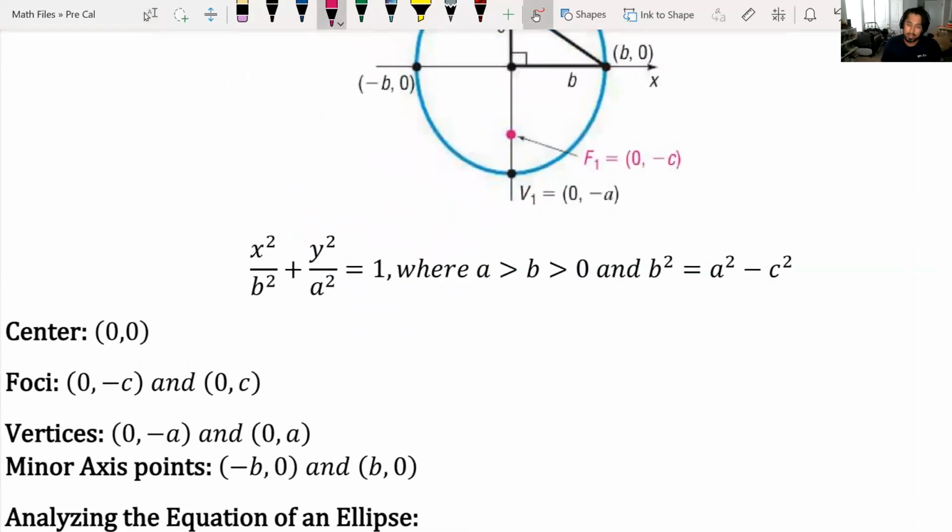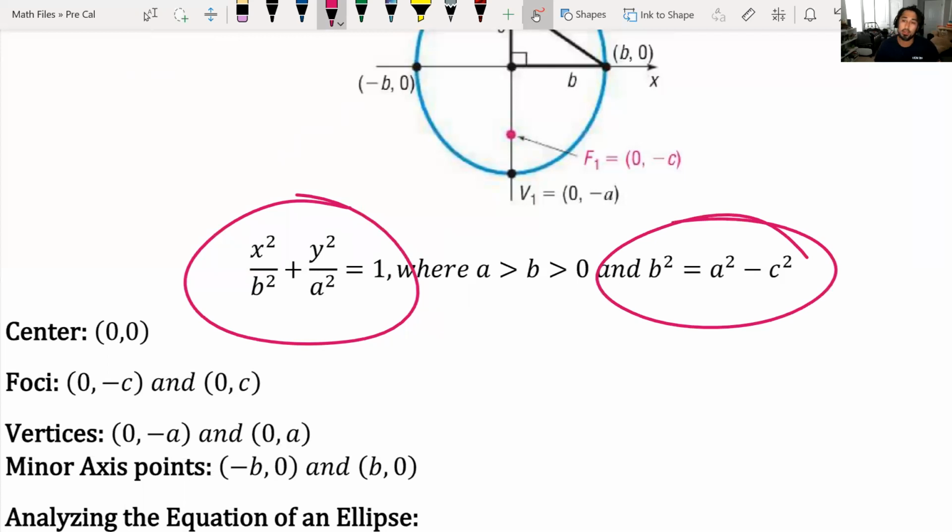So now, since this has the center at the origin, this means that y squared now has the bigger denominator. So look at this equation: x squared over b squared plus y squared over a squared equal to 1, where a is still bigger than b and they are both bigger than 0. And the Pythagorean theorem equation still stays the same to find a, b, or c. Okay.